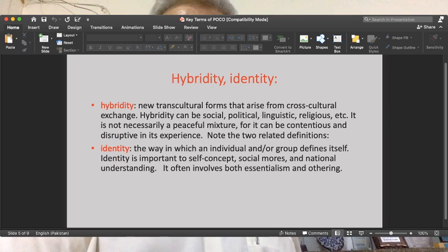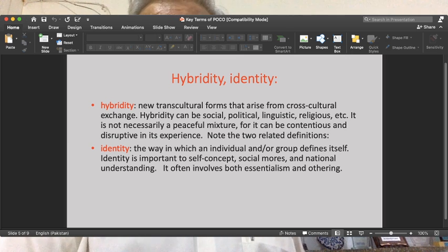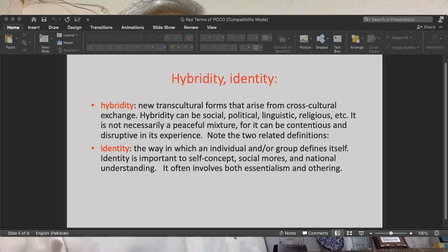Then come two more important terms which are frequently discussed by the students of post-colonial literature. One is hybridity, the other is identity. Hybridity is a type of trans-cultural form arising from cross-cultural exchange. Hybridity can be social, political, linguistic, religious. It is not necessarily a peaceful mixture, for it can be contentious and disruptive as well.